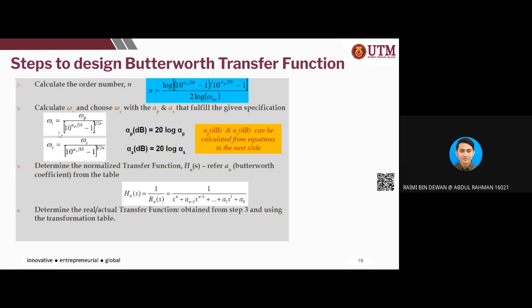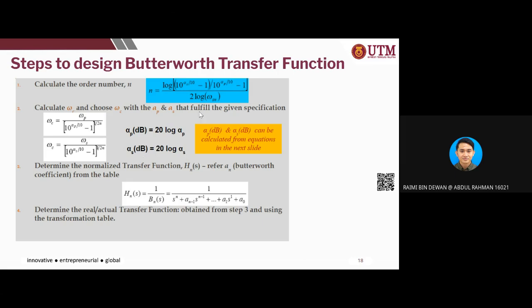There are two values of omega c: one is based on the passband gain, the other is based on the stop band gain. You need to calculate each of these omega c, and from them you will generate the corresponding passband gain and stop band gain, which is 20 log of these linear terms.